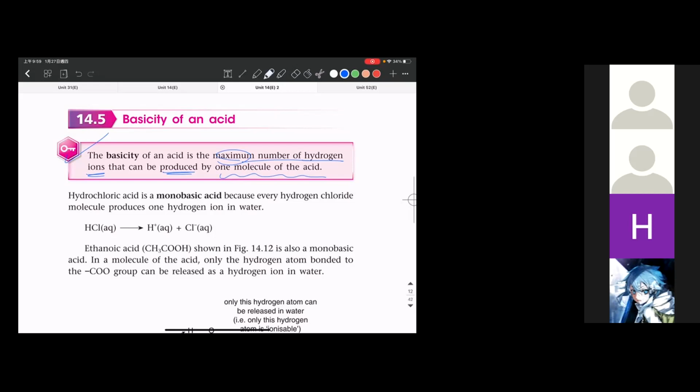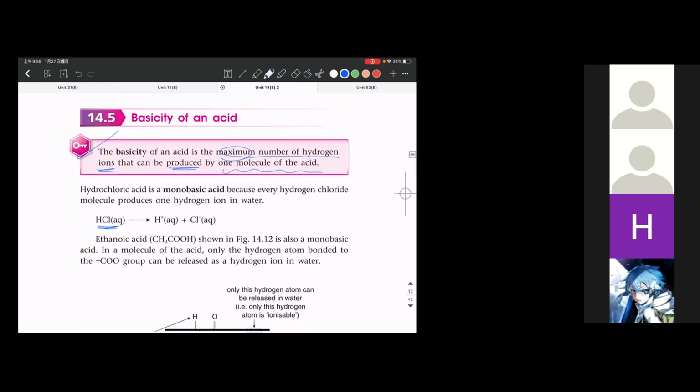So you need to spot which hydrogen atom is ionizable. For example, for HCl, we call that a monobasic acid, because for each acid molecule ionized, there will be one hydrogen ion.